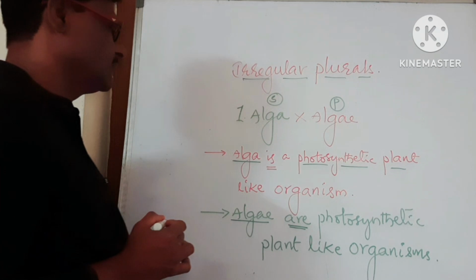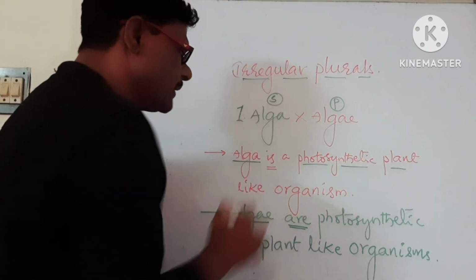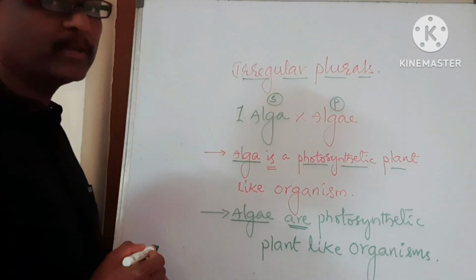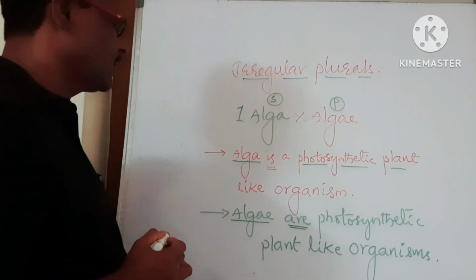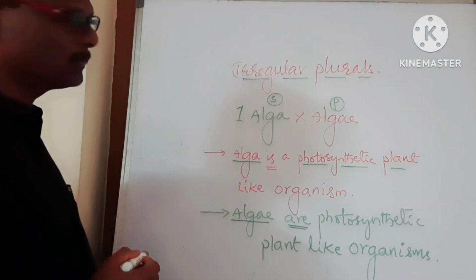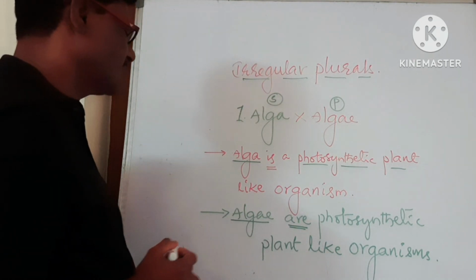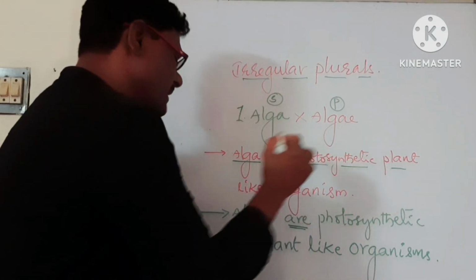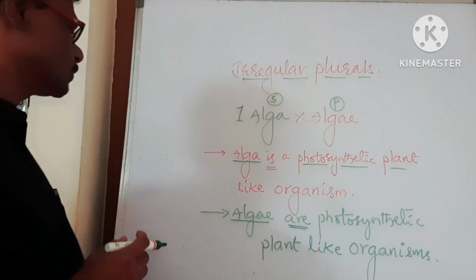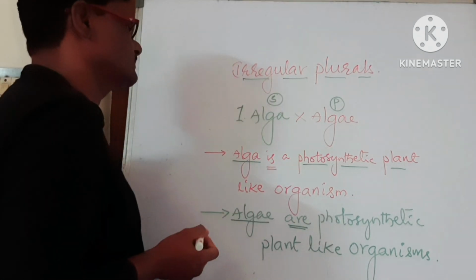Chlorophyll is the main pigment, and it also has some other auxiliary or accessory pigments that help in preparation of food by using carbon dioxide, water and sunlight. Hence it is a photosynthetic plant-like organism, right? Have you understood this one? I think so. I will erase it.